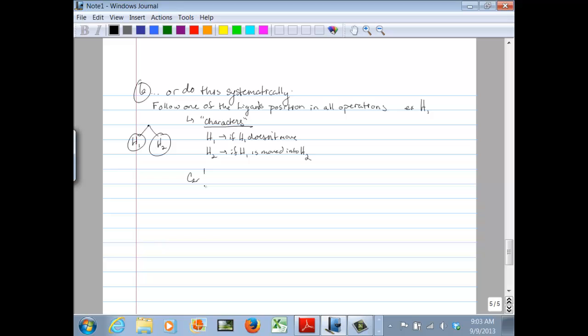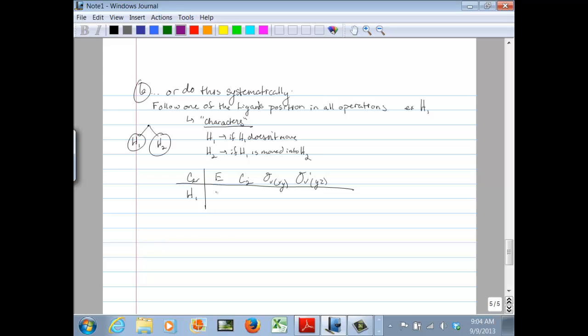Let's write our character table here. So C2v character table. I have my E, my C2, my sigma v xz, and my sigma v prime yz. Okay, so what happens to H1 under E?